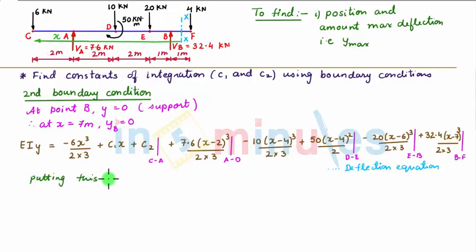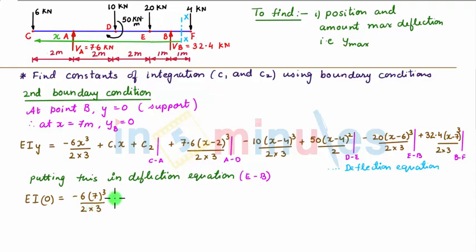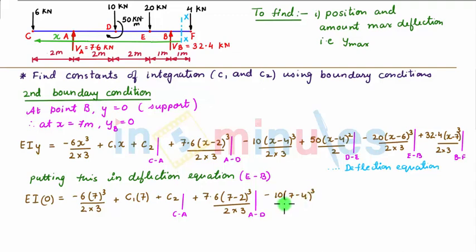Now putting this in the deflection equation and considering the equation up to the fourth partition, since the equation up to the fourth partition is valid between point E and B, we have EI into yB, which is 0, is equal to minus 6 into 7 cube by 6 by 2 into 3 plus C1 into 7 plus C2 first partition plus 7.6 into 7 minus 2 cube upon 2 into 3 second partition minus 10 into 7 minus 4 cube upon 2 into 3 plus 50 into 7 minus 4 square upon 2 third partition minus 20 into 7 minus 6 cube upon 2 into 3 fourth partition.